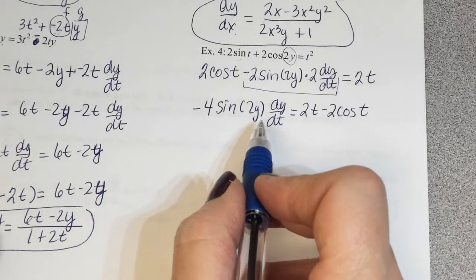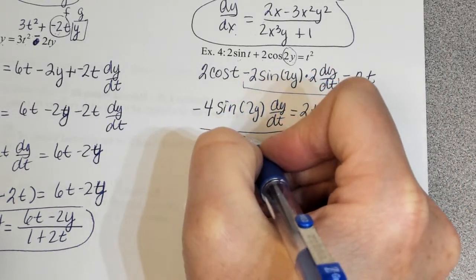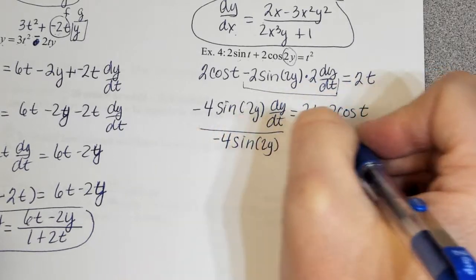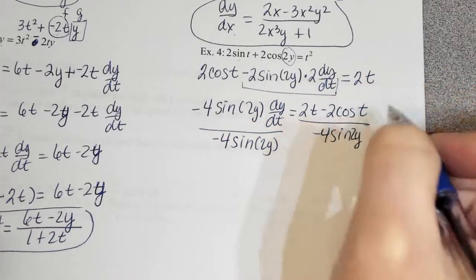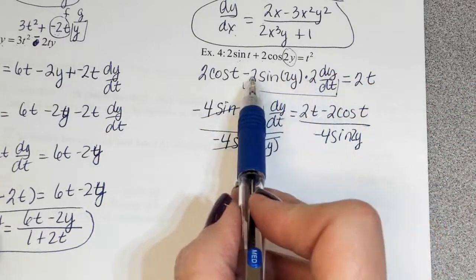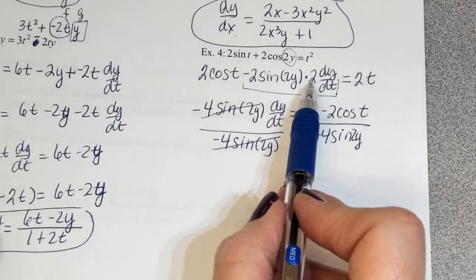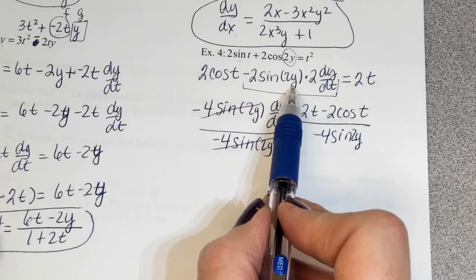To get dy dt by itself, I have to divide by my coefficient of negative 4 sine of 2y. So now this is gone and this is gone. All I did was multiply this 2 times this 2. This 2 does not change the angle. It changes the coefficient. We never change an angle unless we use a double angle formula.